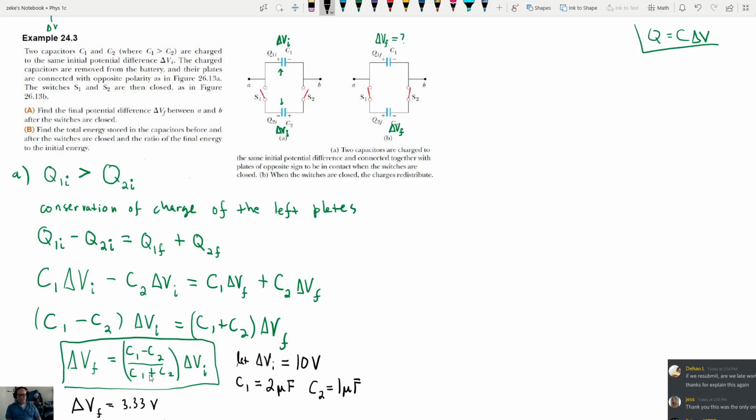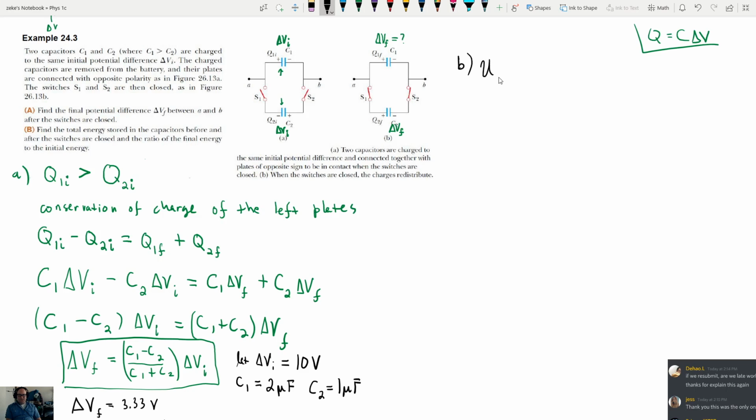Okay. All right, let's do part B. In part B, it says, find the total energy stored in the capacitors before and after the switches are closed, and also the ratio of the final energy to the initial energy. So we want the energy stored in the capacitors before and after.